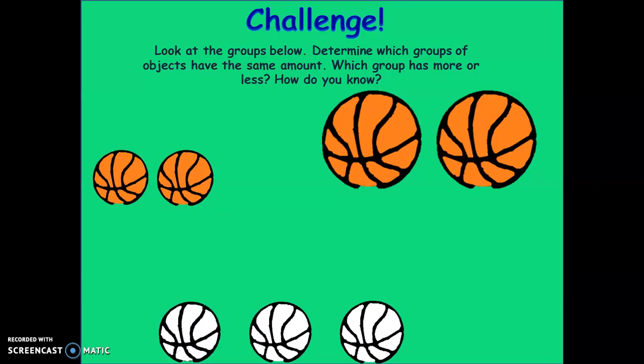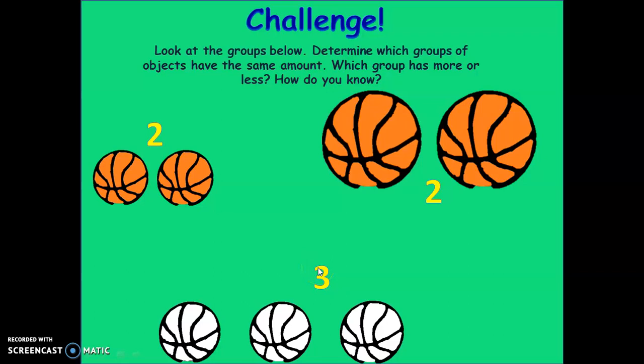So we want to know which of these 2 groups have the same amount. The 2 small basketballs, the 2 large basketballs, or the 3 white basketballs. So this group has 1, 2. This group has 1, 2, and this group has 1, 2, 3.